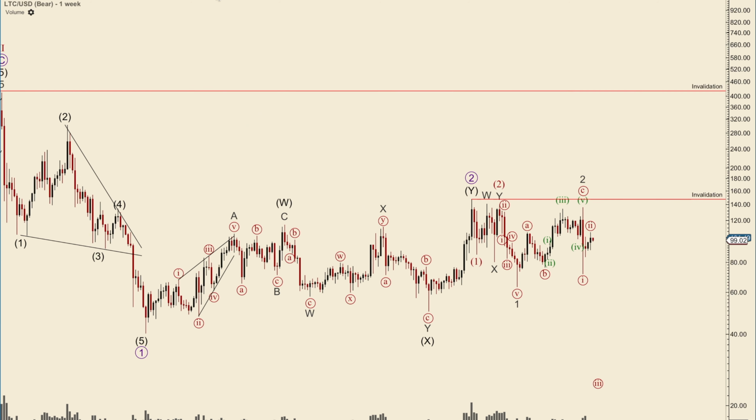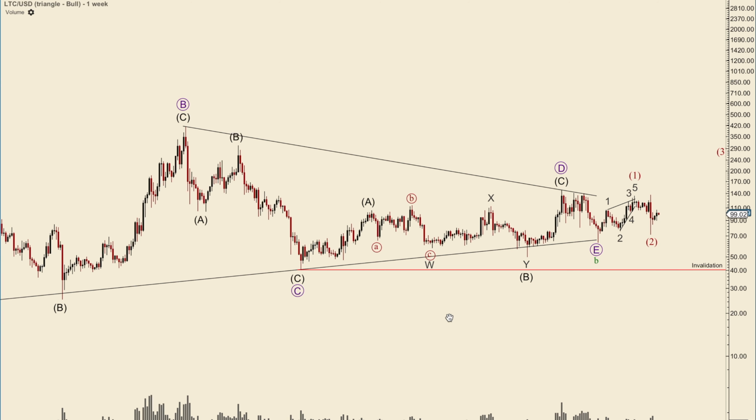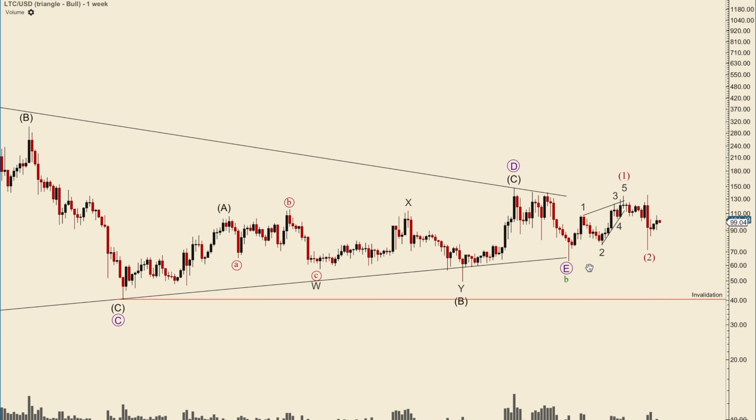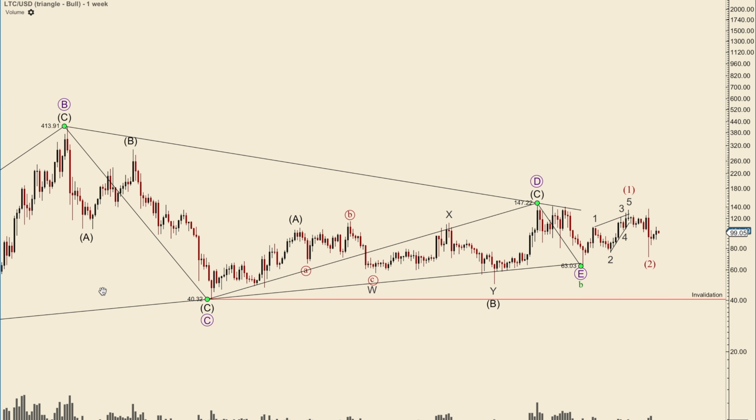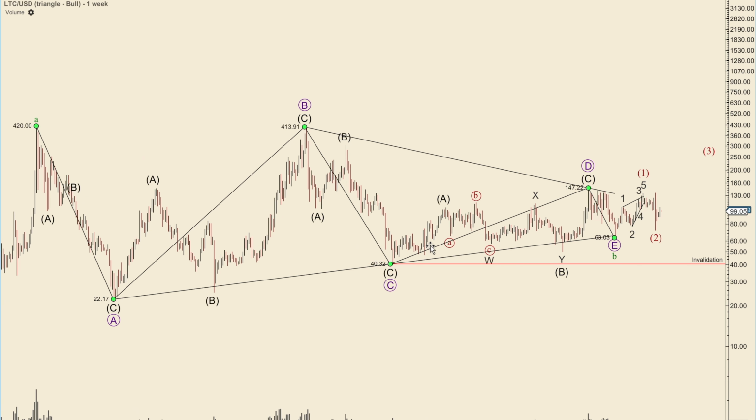But as I mentioned before, in a triangle here, wave E could be like here as well, which is totally fine. You only need a zigzag, like a WX and then a Y, but you can't move below this line, because that invalidates the count here in wave C, because a triangle is not allowed to take out wave C.